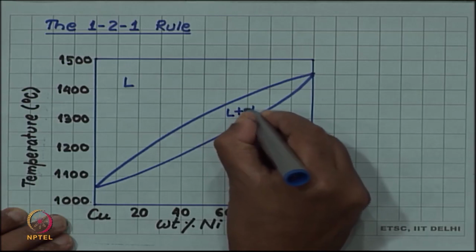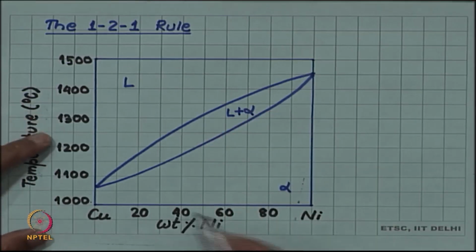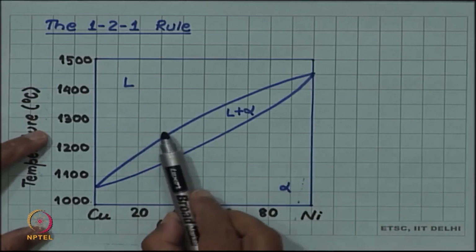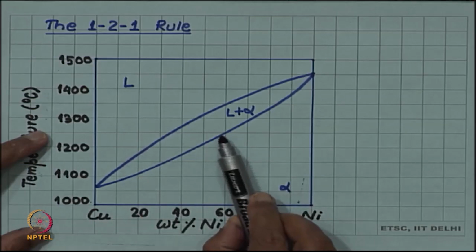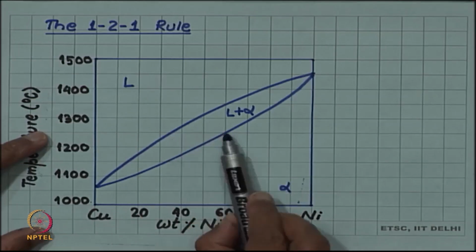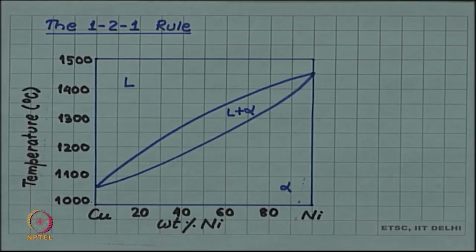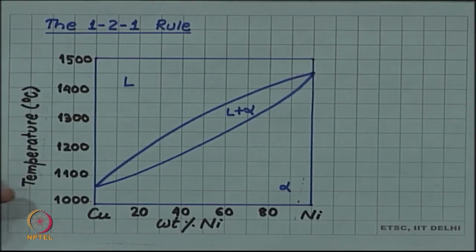We have only looked at this phase diagram as yet, but you must notice that on the left hand side is the liquid phase, on the right hand side is alpha phase, and in between is the liquid plus alpha phase. This is not by accident, but this is always going to be true in a binary phase diagram. So, we write it as a rule.